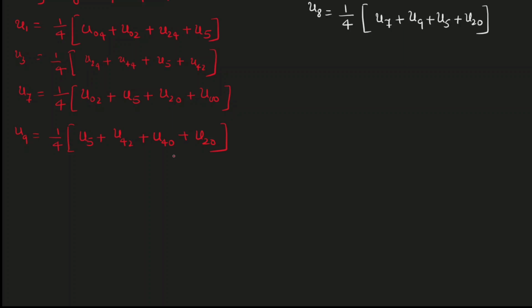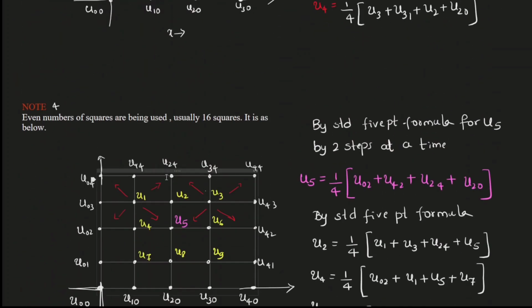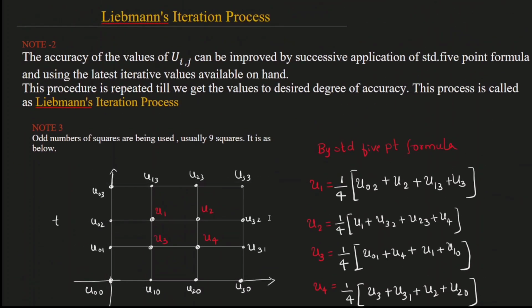Now, in the next class, we are going to discuss how to use these types of meshes whenever you are asked to find the solution for a two-dimensional heat equation. In the examples, you will be given a two-dimensional heat equation with the boundary conditions. You will be given this mesh. Boundary conditions will be given. We need to find these values.